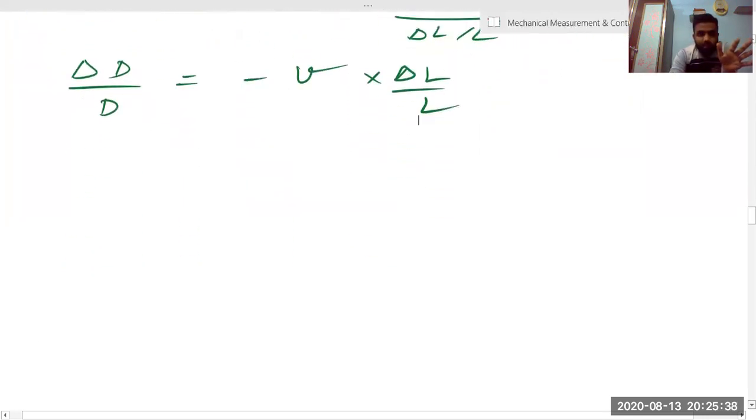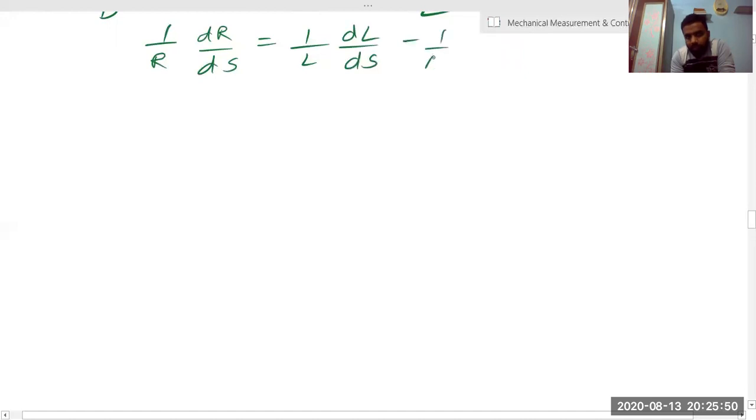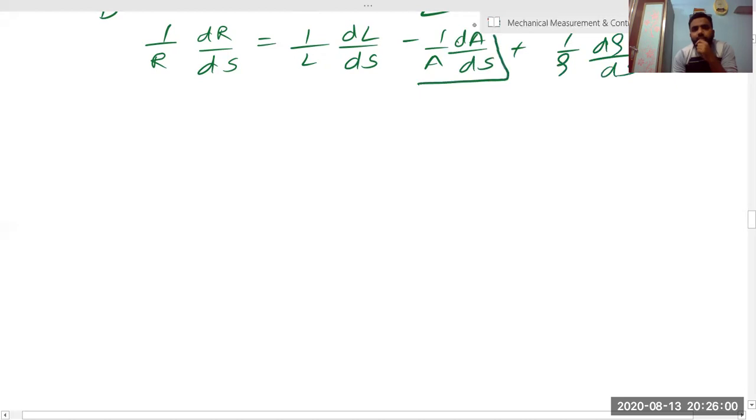Now I will again do something very simple. I'll again write 1 upon R dR by dS will be equal to 1 upon L dL by dS minus 1 upon A dA by dS plus 1 upon rho d rho by dS. Now just look at this term.